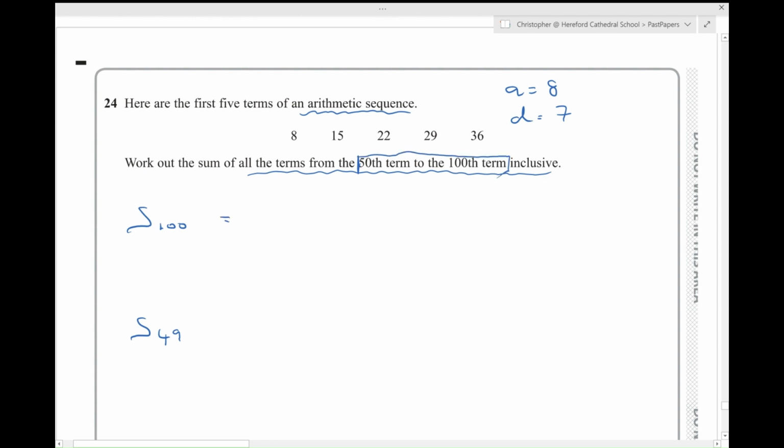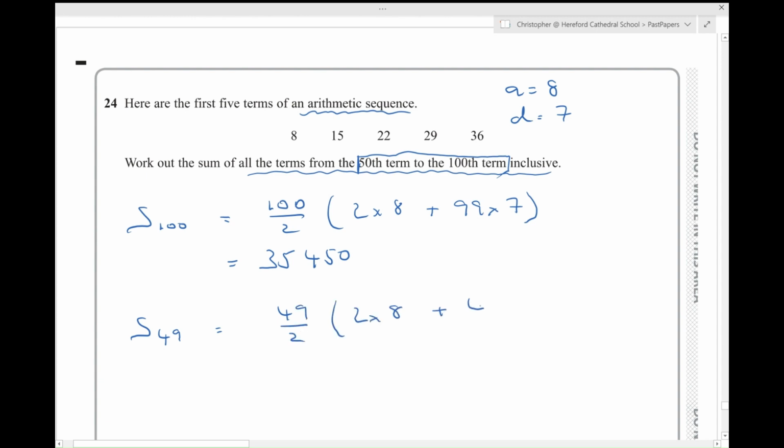Right, the sum of all the first 100 terms will be 100 over 2, multiplied by twice the first term, plus 99 times 7, because that's the difference. And on my calculator, I get 35,450. And the sum of the first 49 terms: 49 over 2, multiplied by 2 times 8, plus 48 times 7.